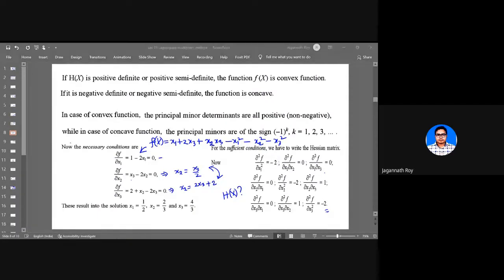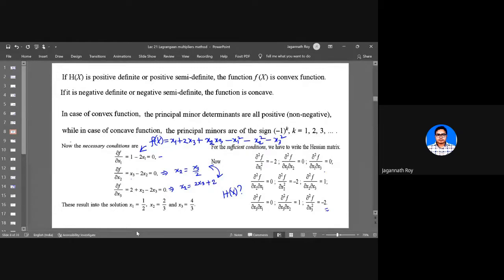So we have to find out the stationary point where the derivative is 0. So after making this equal to 0, we can find x2 equals x3 by 2, and then from here we can find x2 equals 2x3 plus 2.